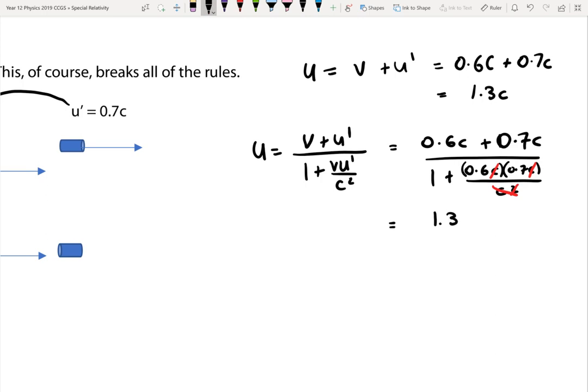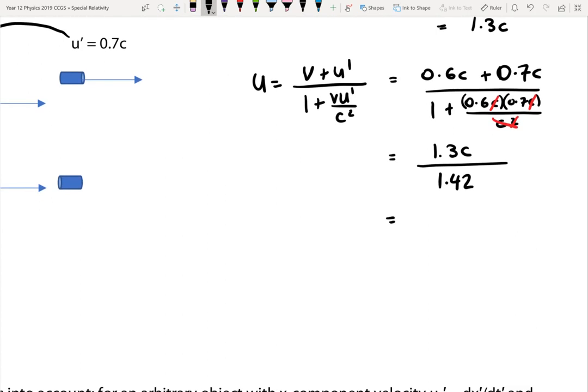We get our classical relativistic speed, but then look what happens. 1 plus 0.6 by 0.7. Now, you guys are good at maths. 0.6 by 0.7 is 0.42. 1 plus 0.42 is 1.42. Oh, look at that. We've now divided our large number by a larger number, which brings it back down.